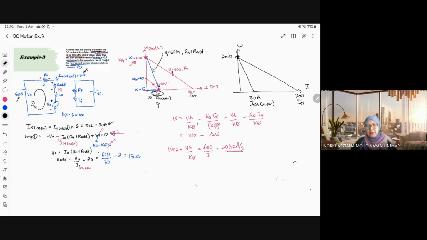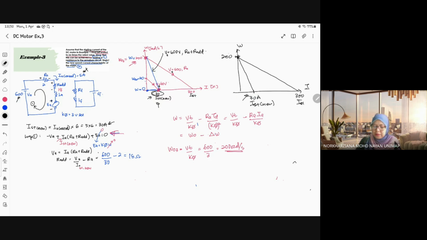Okay. Let's say this 200 radian per second, we classify it as high speed. So you can reduce the torque on initial here, reduce the torque and current. The lower the torque, the lower the current.